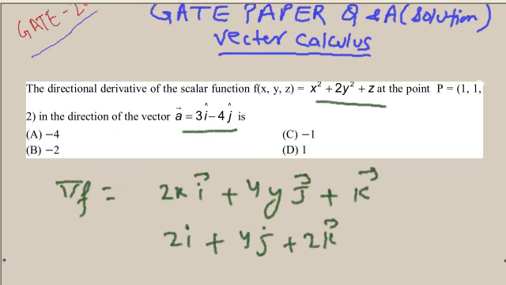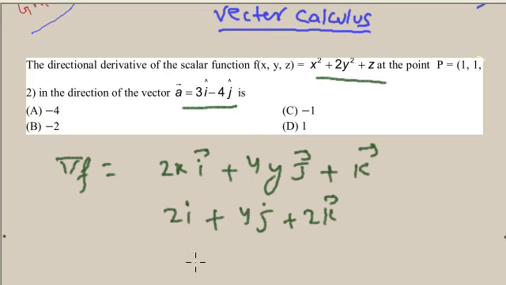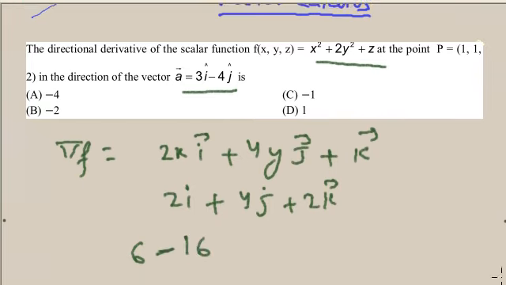The dot product with 3 and minus 4: 3 into 2 is 6, and minus 4 into 4 is minus 16, so the sum is minus 10, divided by the magnitude of this direction vector.